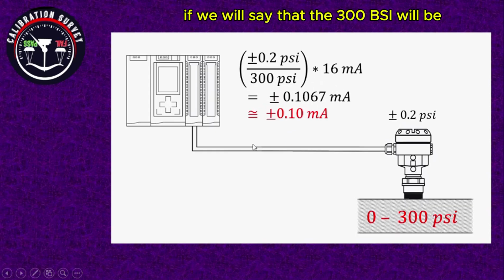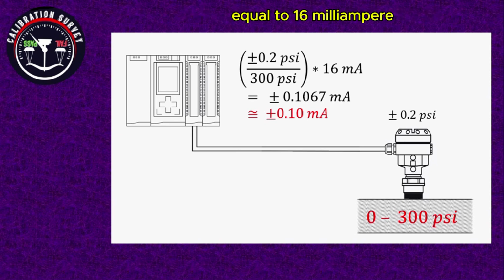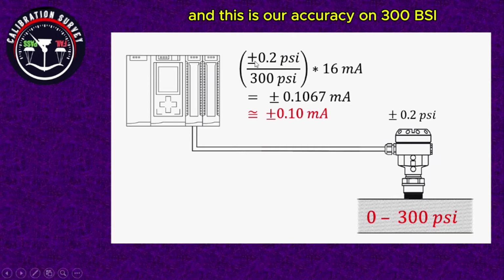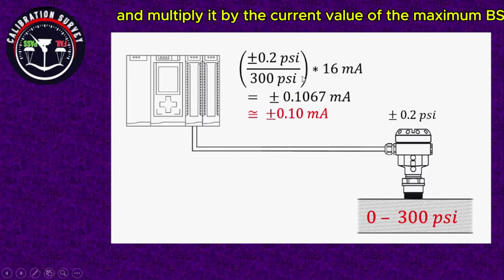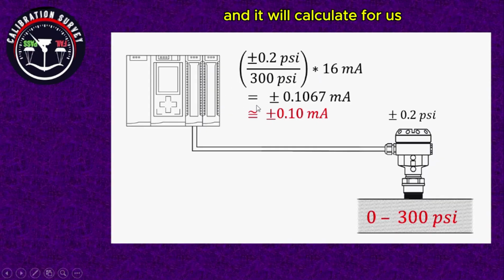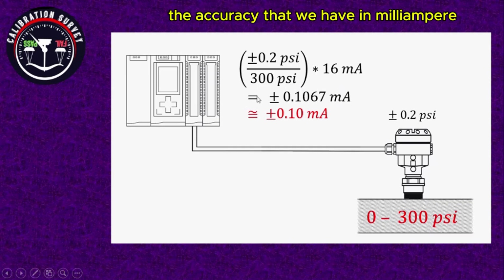If we say that the 300 psi will be equal to 16 milliampere, then we will do it as follows. We will divide 0.2 psi, and this is our accuracy, by 300 psi and multiply it by the current value of the maximum psi, and it will calculate for us the accuracy that we have in milliampere.